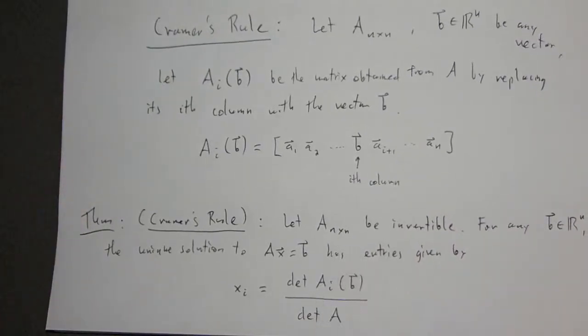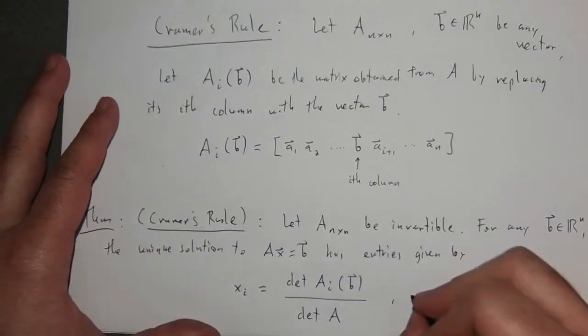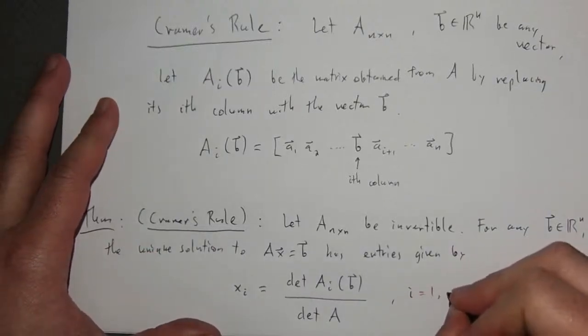For this thing to have a prayer of working, since you're going to be dividing by the determinant of A, that can't be 0, and so that means that A has to be invertible. And this is for i going from 1 to n.